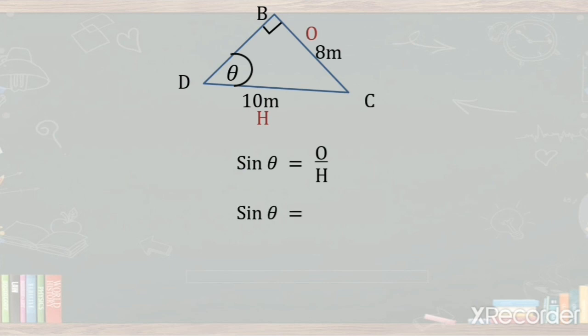Sine theta equals 8 divided by 10, that is 0.8. We can put another 3 zeros because we need 4 digits after the decimal point to check in the sines table. Now you know how to find the angle, that is like finding antilog. Then theta equals 53 degrees and 8 minutes.